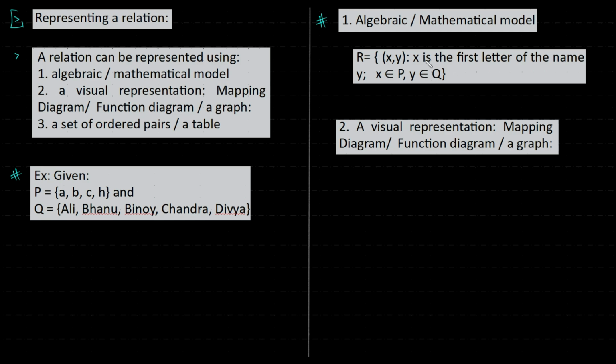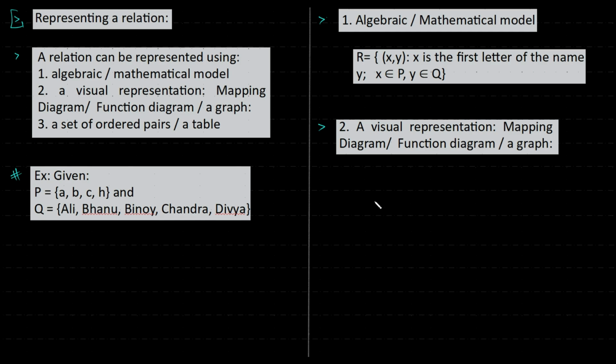When it comes to mathematical expressions, which you have seen already, functions are something that you have seen, kind of hinting at what we will be looking at. Right, this is one possibility. So the main possibility that I want to show over here is actually this: a visual representation or a mapping diagram or a functional diagram or graph.